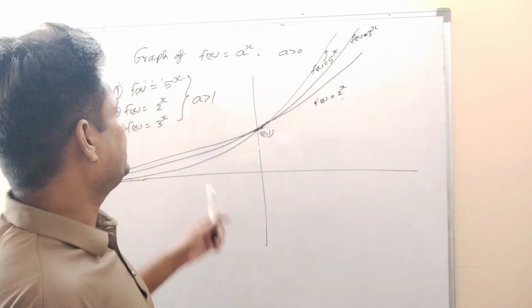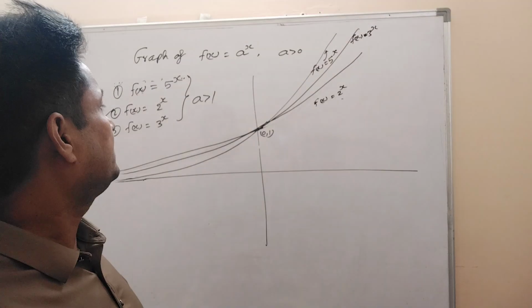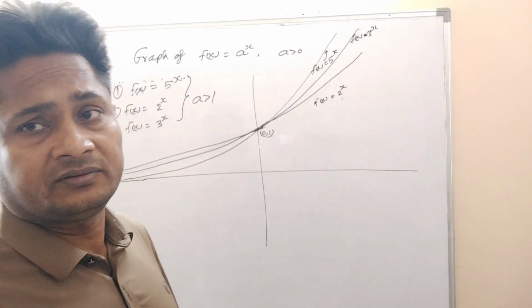So this is the pattern for the graph. Now let's draw the graph when the base lies between 0 and 1.